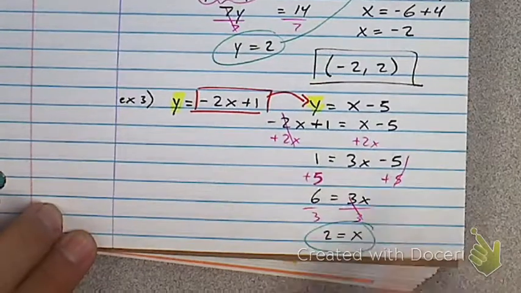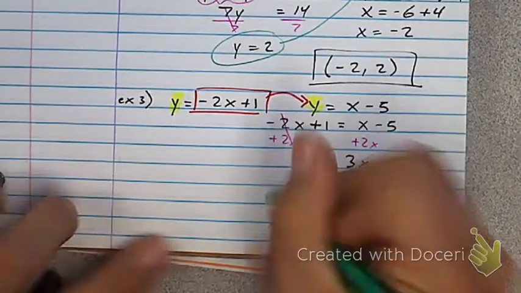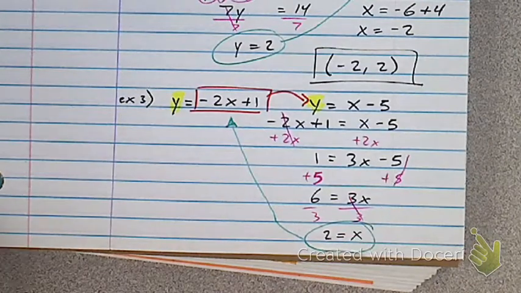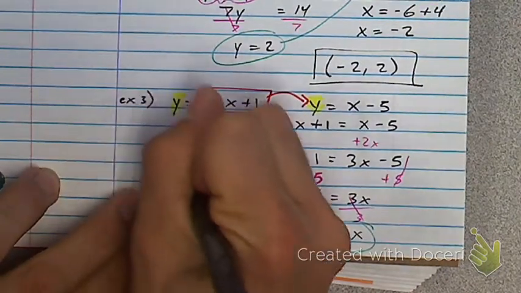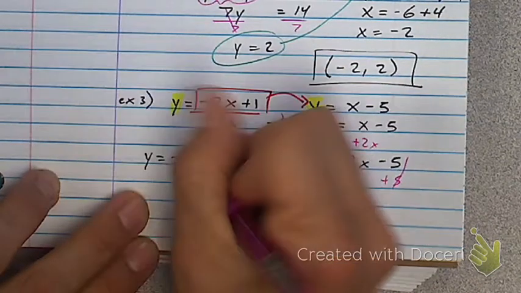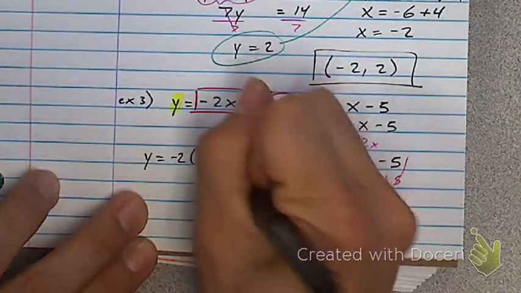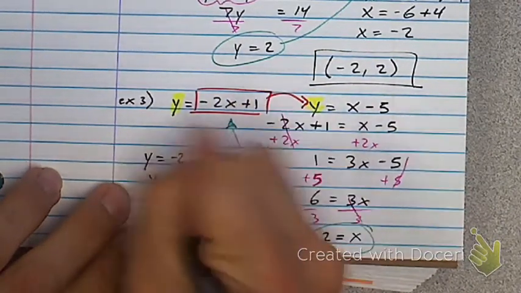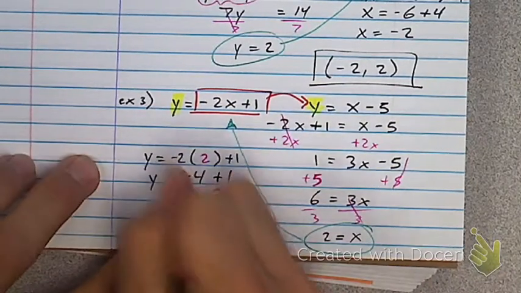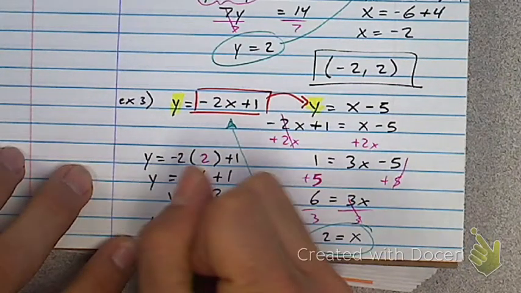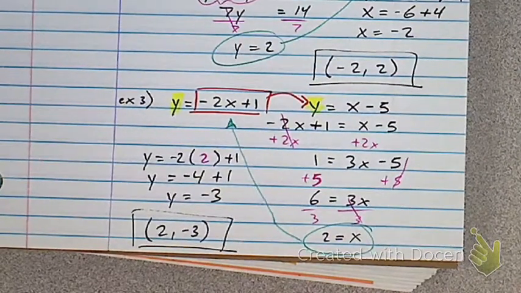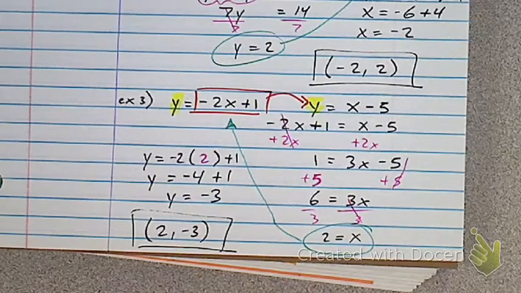You take that 2. You plug it in. And you get y equals negative 2 times 2 plus 1. What's negative 2 times 2? Negative 4 plus 1. My ordered pair is? Any questions? Any at all?